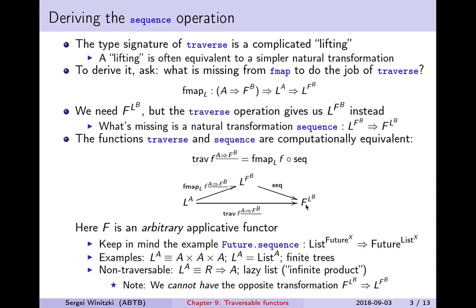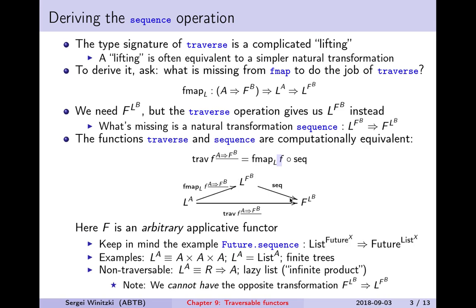That's the definition. And as we have seen before, this pattern applies that a lifting is defined as a composition of fmap and a natural transformation. And then this natural transformation is equal to the lifting if you take identity instead of f, obviously.